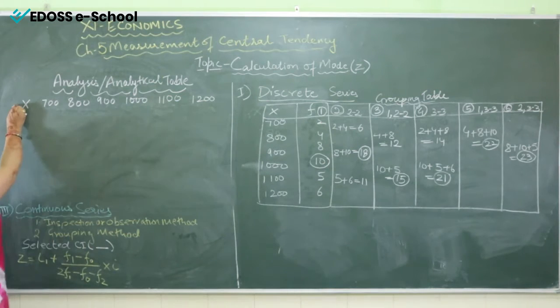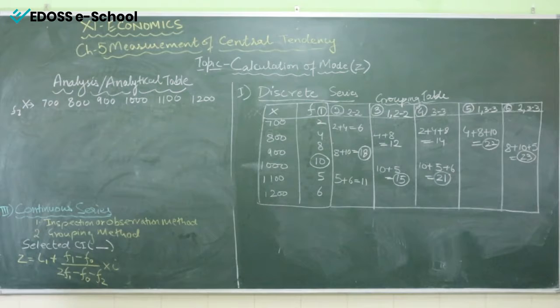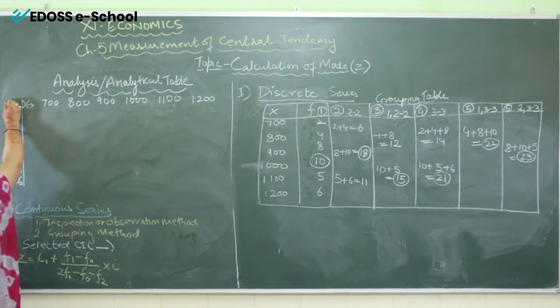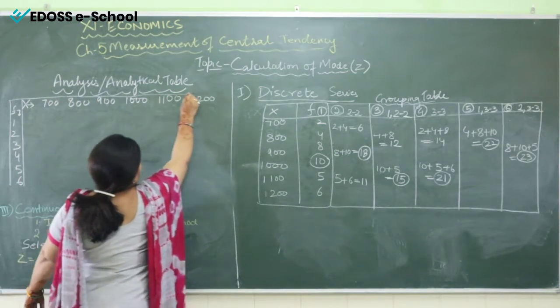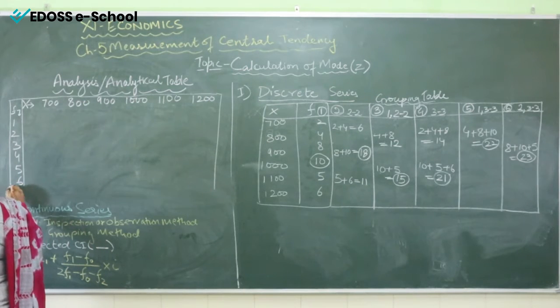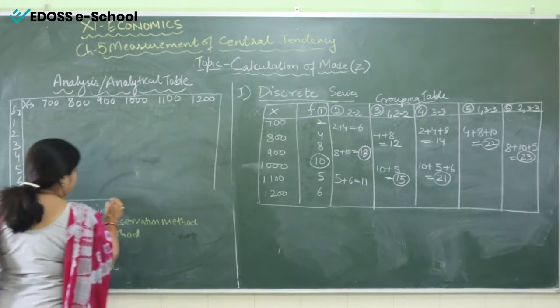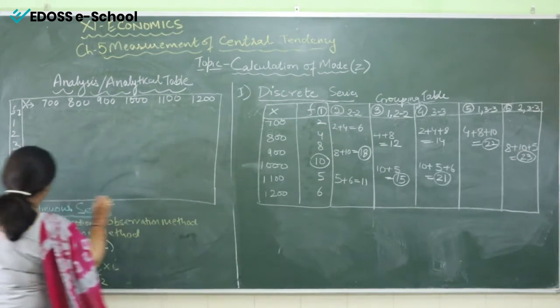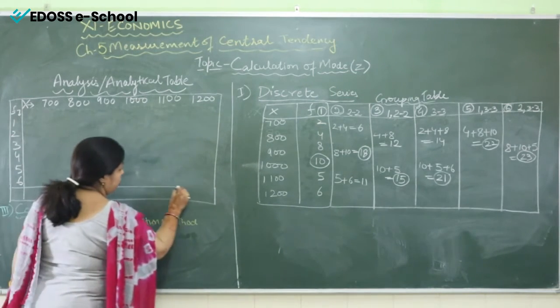And frequency numbers, we will write it like this. We can put arrow also. And how many groups we have framed out? 6. So 1, 2, 3, 4, 5, 6. And we are going to draw the lines to complete the table. Like this we have to make the analysis table. Fine. See.